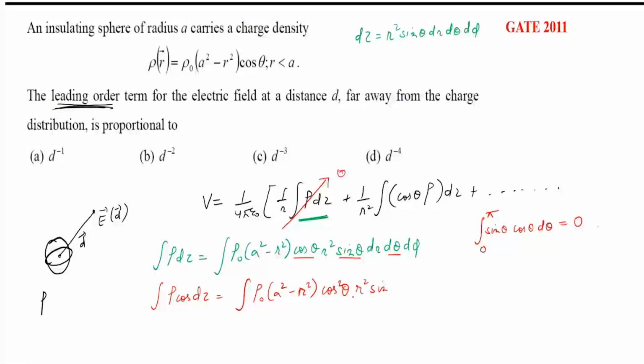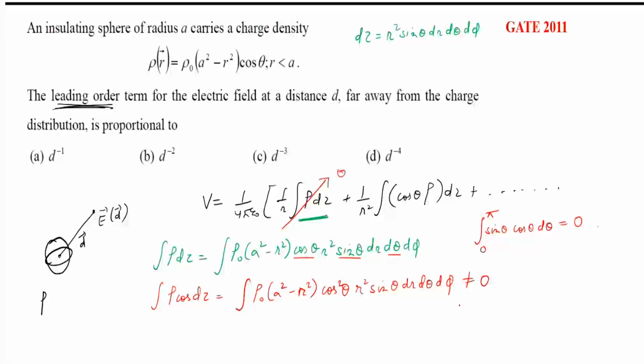Sorry, cos cube. Cos cube or square? Square, sir. Sorry, yes. Now you have to integrate this one, and this one will come to be non-zero.